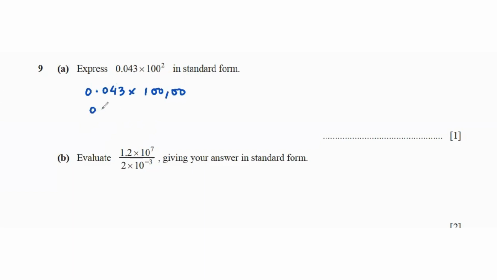So let's rewrite this as 0.043 times 10 to the power of 4. Now you move the decimal 2 places to the right. That's going to be 4.3 times 10 to the power of 2. Since we're going 2 places to the right, that means we are subtracting 2 from the power. So 4.3 times 10 to the power of 2.